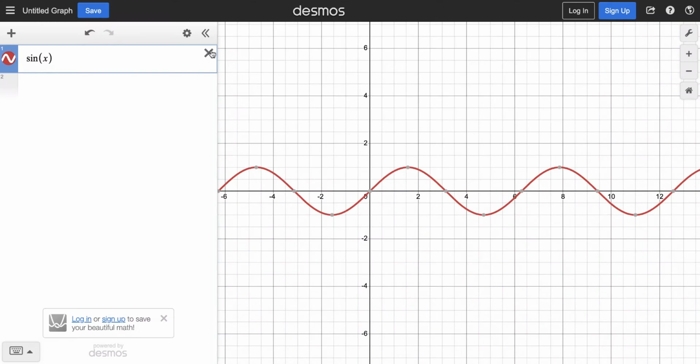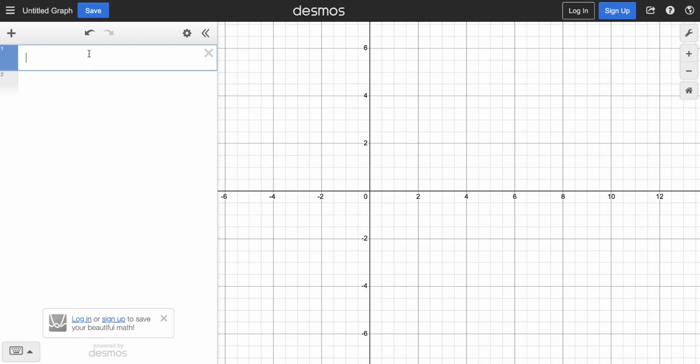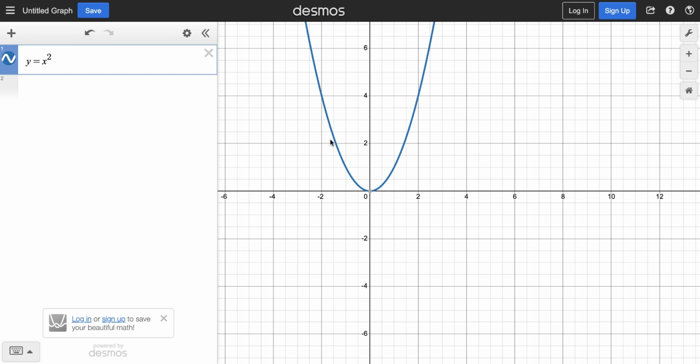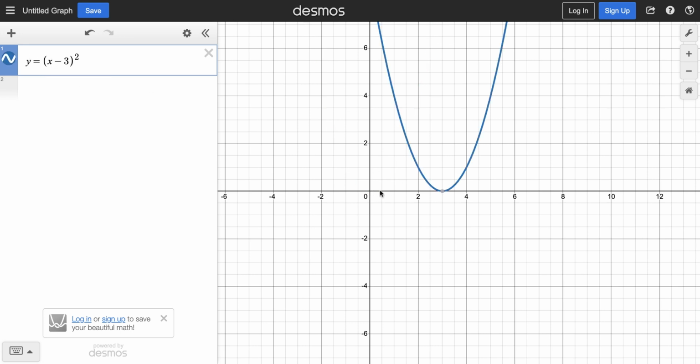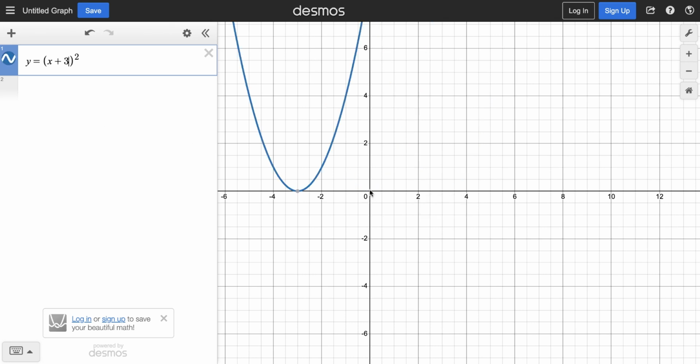Well, one way to think about this is, let's go back to algebra class. Let's say we have y is equal to x squared. Now, when you put an x minus 3 here, what happens to the graph? It shifts 3 units to the right. And if you add 3, it shifts 3 units to the left.